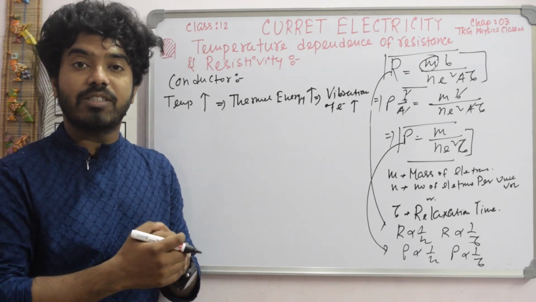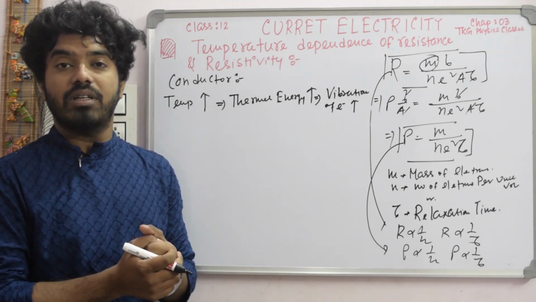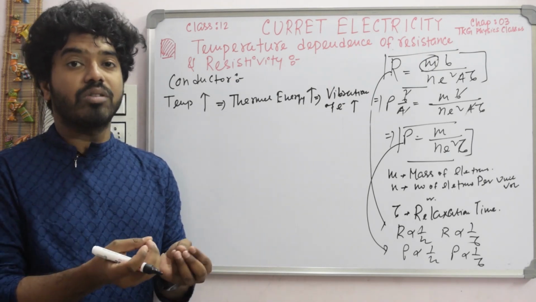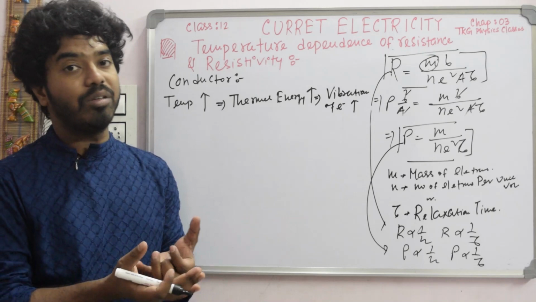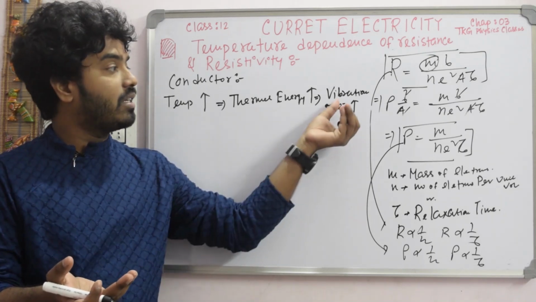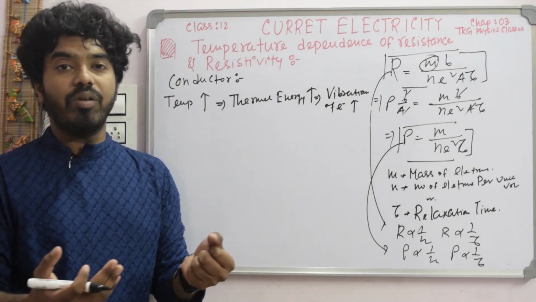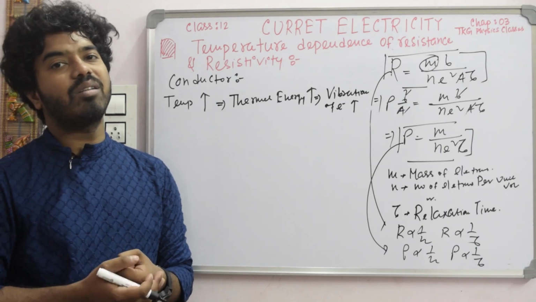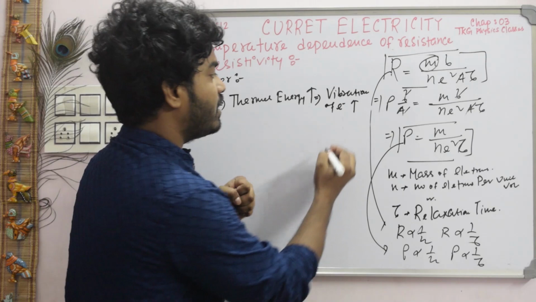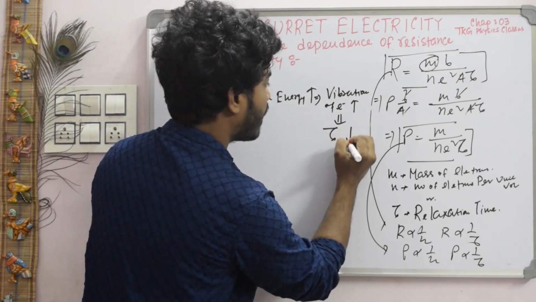When their thermal speed increases, the mean relaxation time becomes less, because the electrons collide more frequently. Because their thermal vibration increases, the electrons collide more frequently, and as a result the mean relaxation time tau decreases. So this implies mean relaxation time tau decreases.